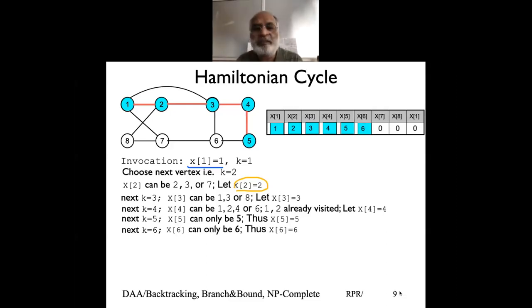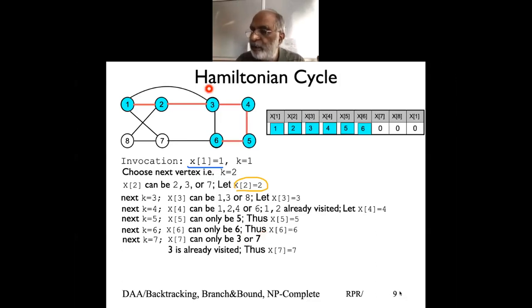Now when vertex 6 is chosen, what is my vertex 7? From 6 I can go to either 3 or 7, and then for x7 I have a choice between 3 or 7. 3 is already visited, so we choose 7.